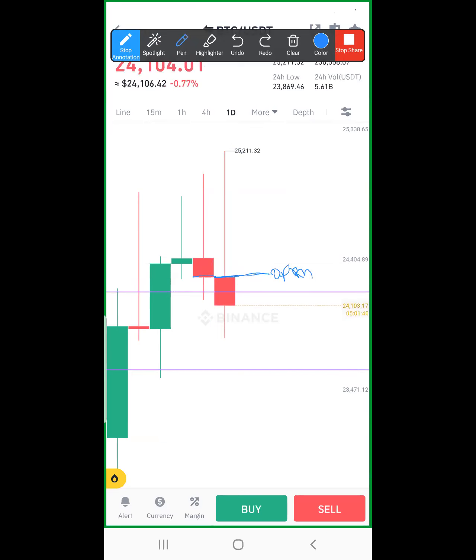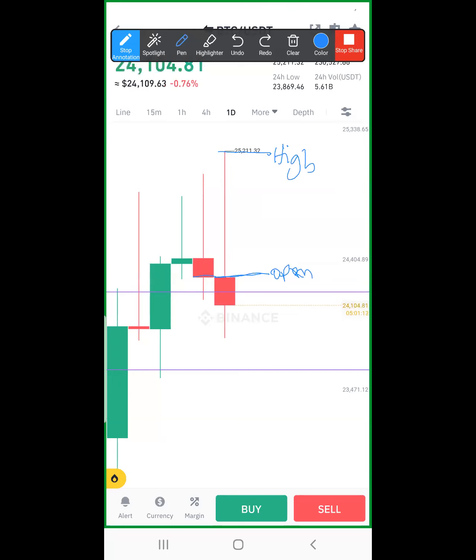Then on this day, the Bitcoin was pushed up. It went up, even reaching this level at 22. That becomes the high. But very many people were willing to sell their Bitcoin at that price because that was a good price for them. That means at that point, there were very many sellers.